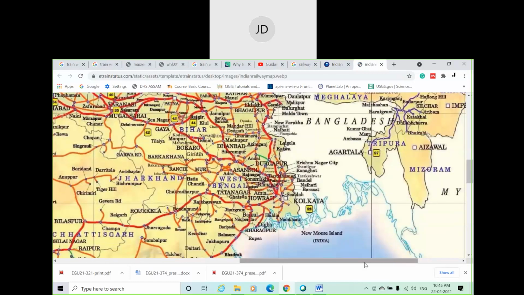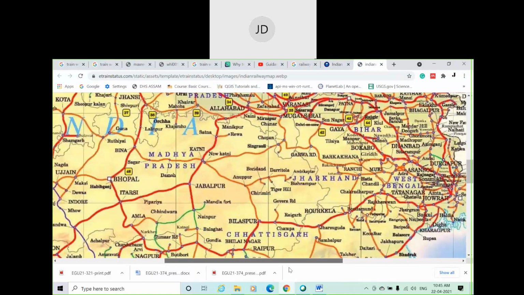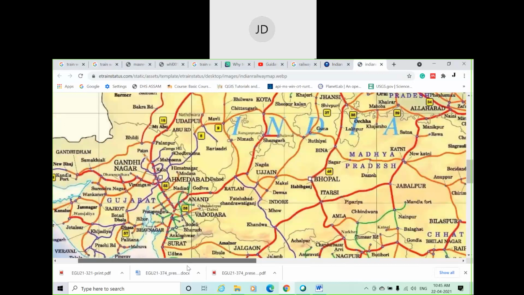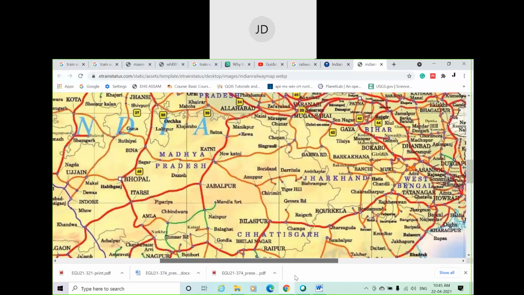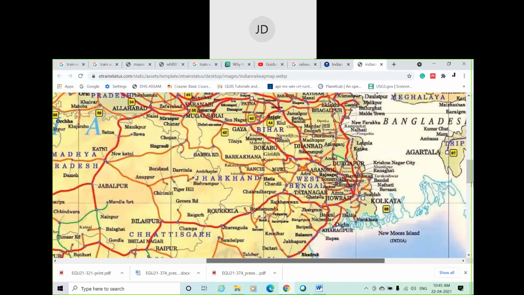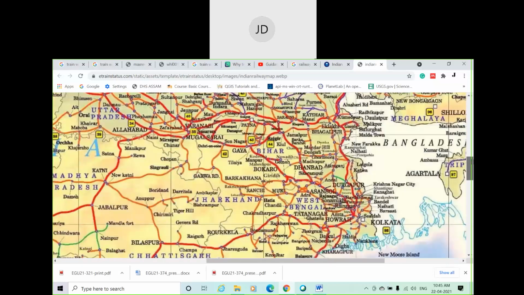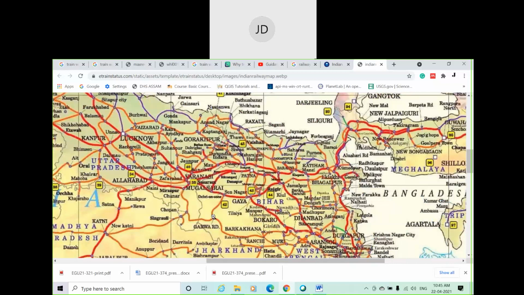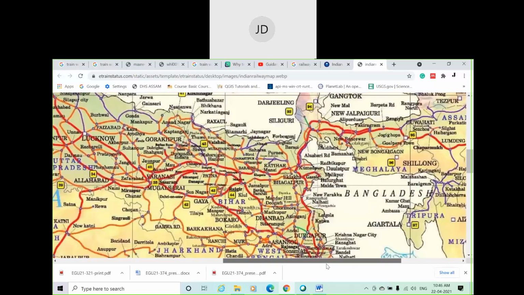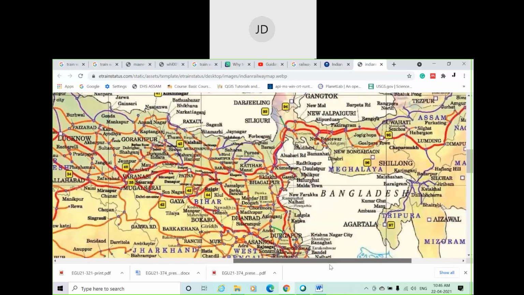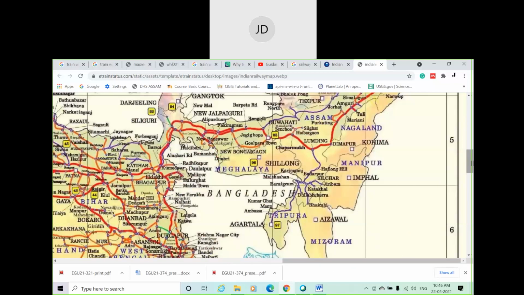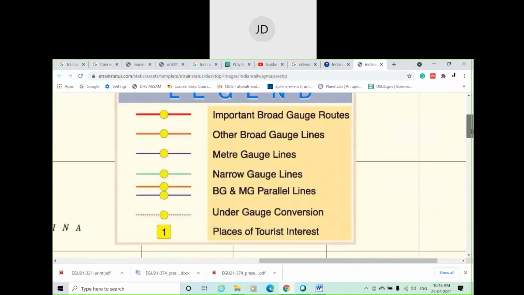This is an Indian map showing railway track laid over the whole of India. You can see different color combinations are there. This different color represents different gauges. Even in the legend you can see, we are concerned about this only. Two different types of broad gauge are there, based on the importance.